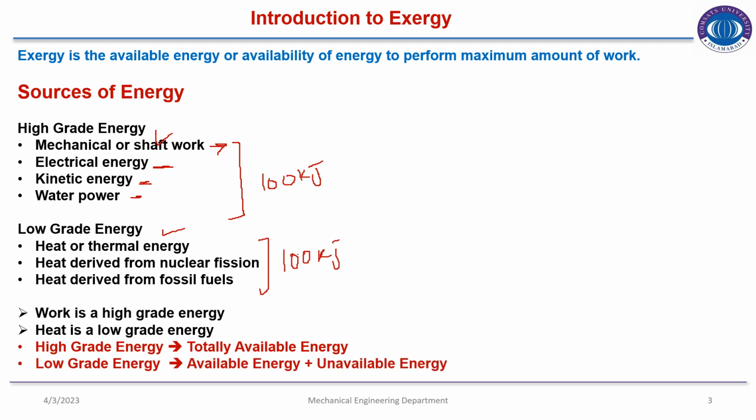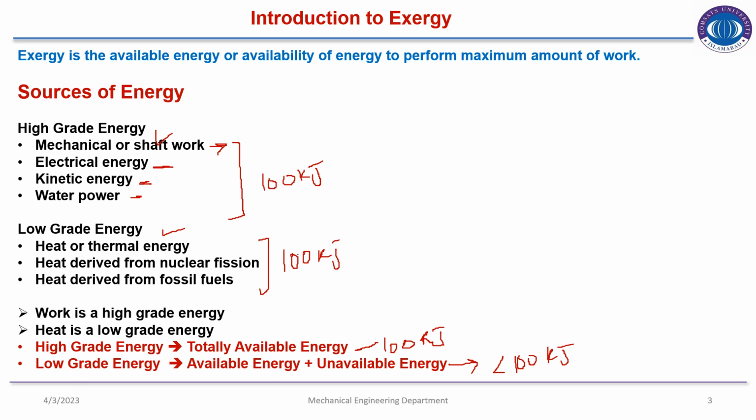You should remember that for a high grade form of energy like work, the entire 100 kilojoule is energy that we can use for work, but here less than 100 kilojoule of energy will be available, maybe 90%, 80%.